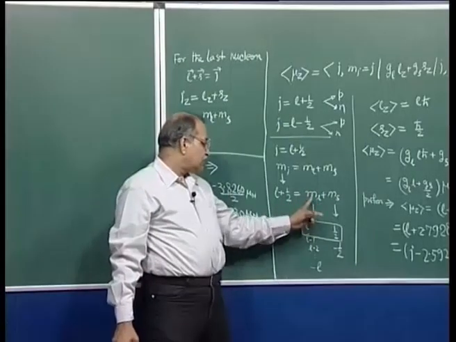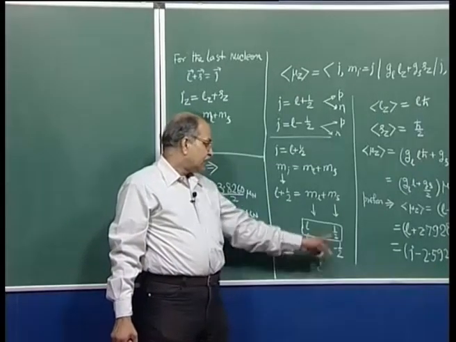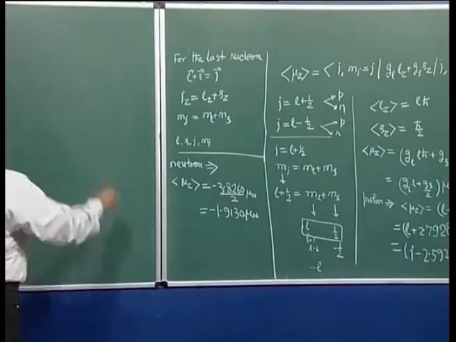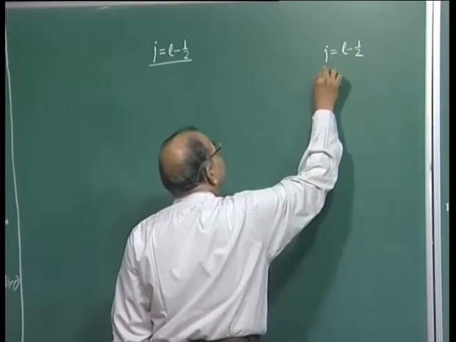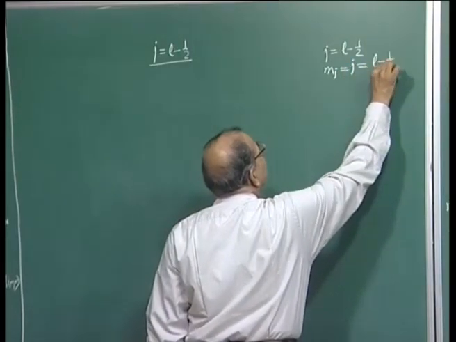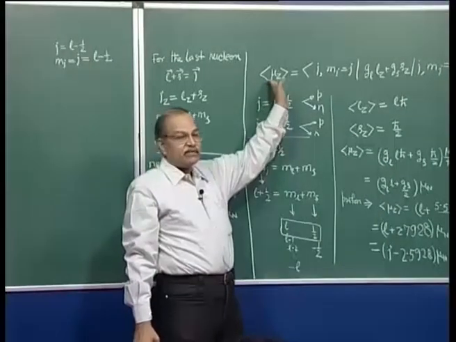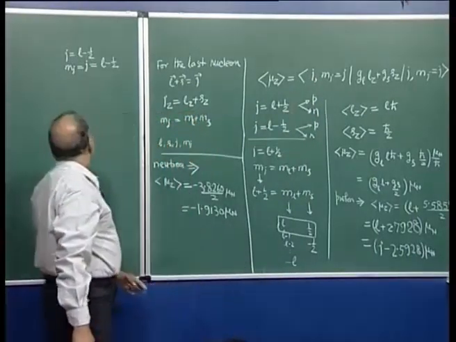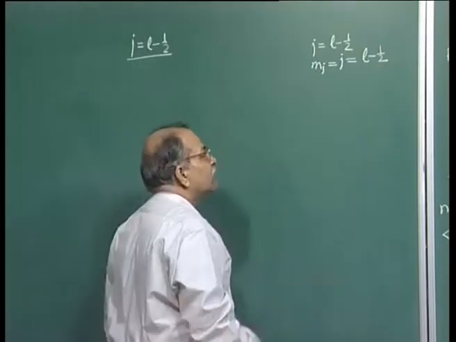ML can take values L, L minus 1, L minus 2 and so on up to minus L, and MS can take values half and minus half. This time what I need is that J should be equal to L minus half, and Mj, which I am taking as J, should be L minus half. For calculating this expectation value, I am taking Mj equal to J, the maximum value. So, Mj should also be L minus half.